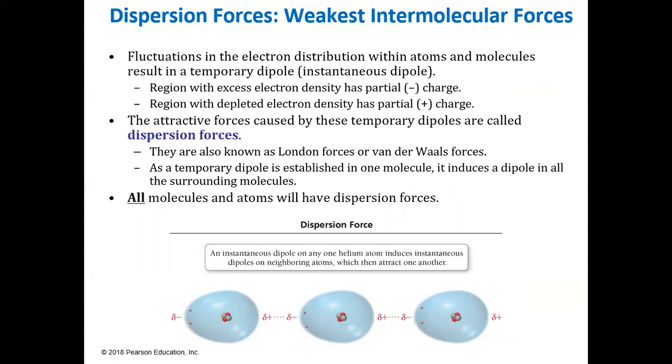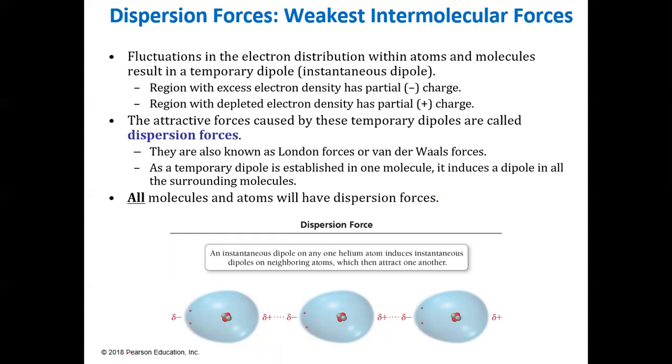All right, so first we have dispersion forces. Again, everyone has dispersion forces. Everybody. So dispersion forces are just fluctuations in electron distribution within atoms and molecules, resulting in a temporary dipole.